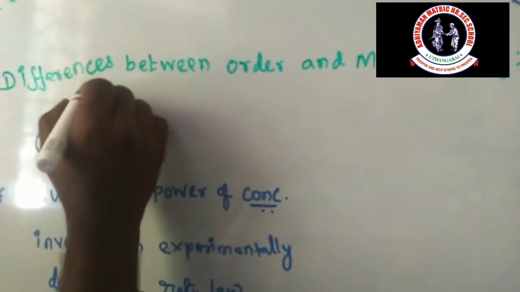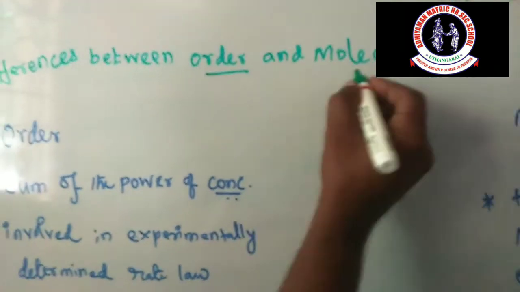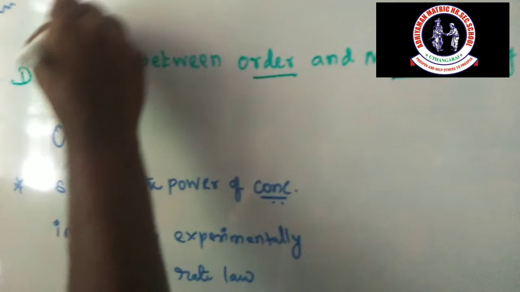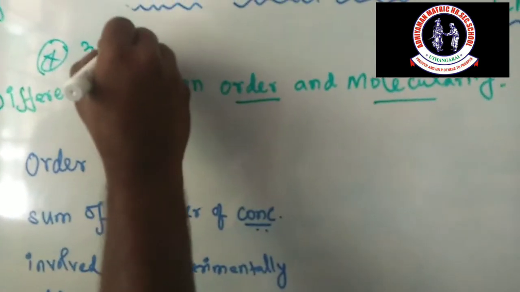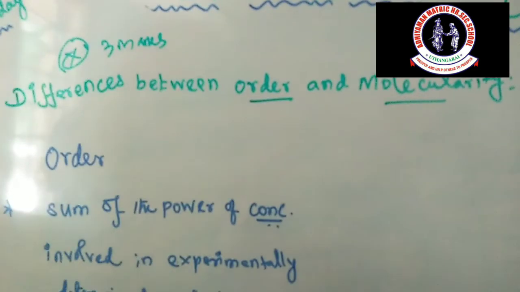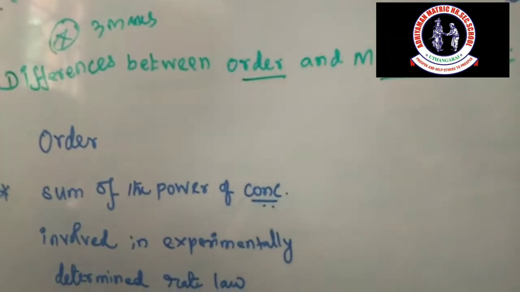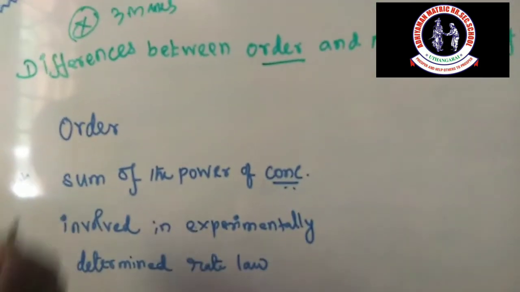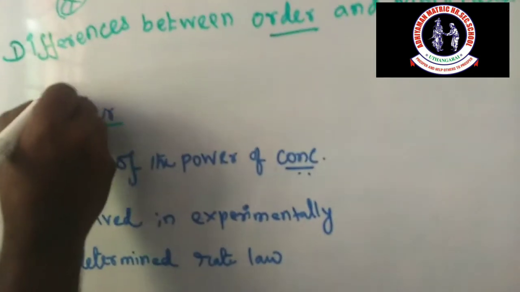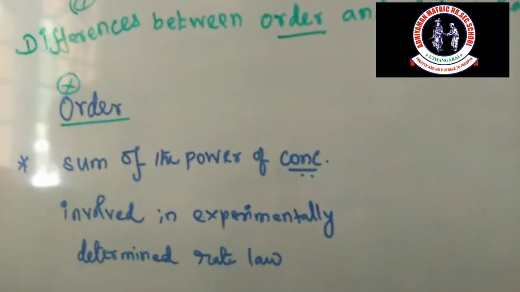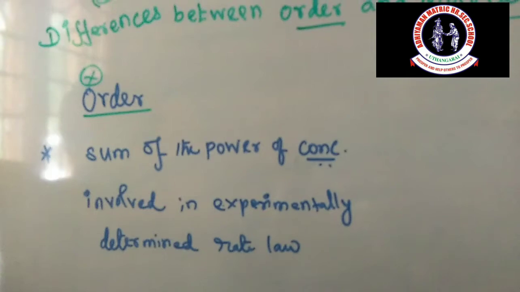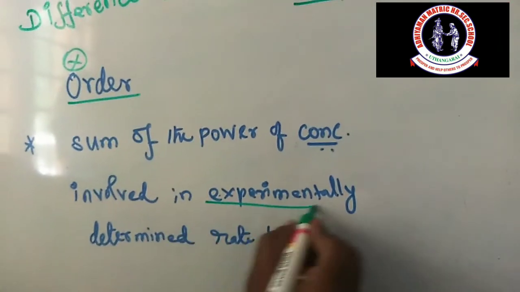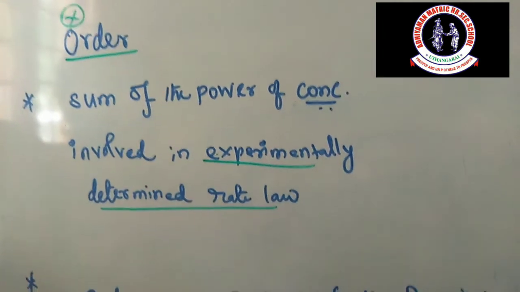Next, the difference between order and molecularity. It is very important, a 3 mark question, sometimes asked for 1 mark also. So what is the difference between order and molecularity? First, order means the sum of the powers of the concentrations involved in the experimentally determined rate law.